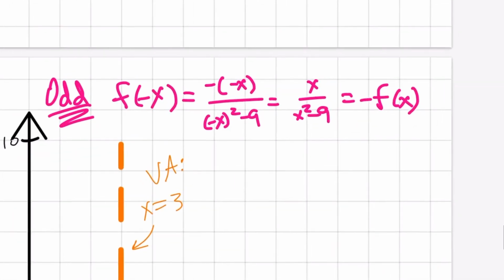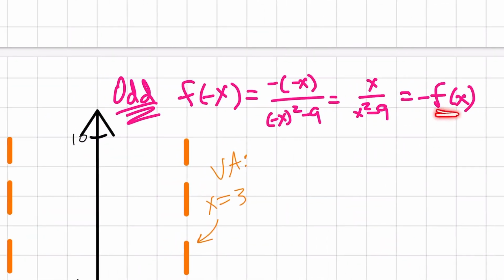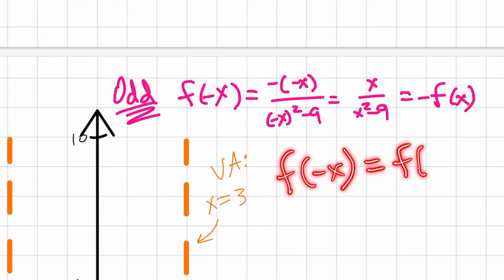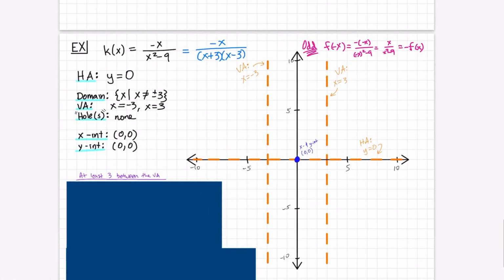So this is literally just f of x that's been negated. Whenever this is true, it's an odd function. Recall for it to be an even function, if you plugged it in, f of x would end up being just the same thing, meaning nothing changes when you plug in that negative. But that's not the case here.